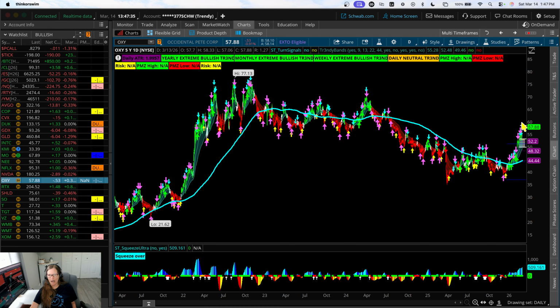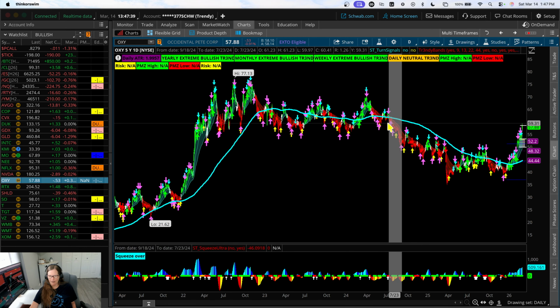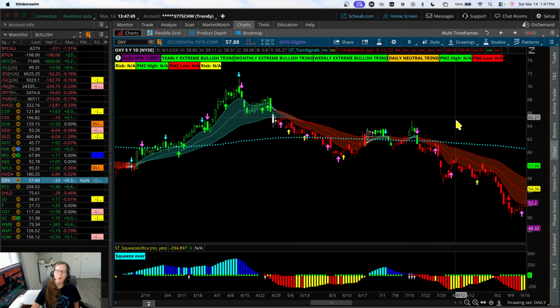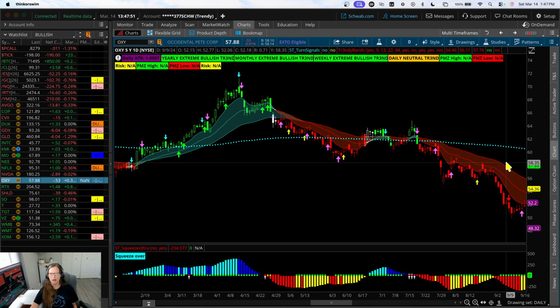As far as targets above there, I need to look back more than 1 year because Occidental has a higher time look back. If I look back further, I will see that I have supply zones above where price is currently at. So if price is currently right here, I'm looking up and left to find areas where price consolidated and then we get a big drop.